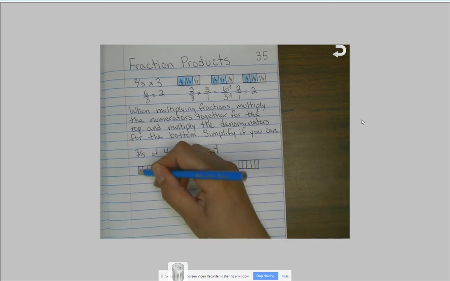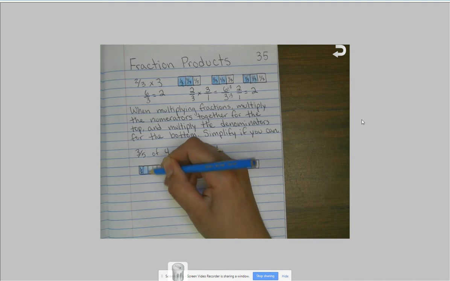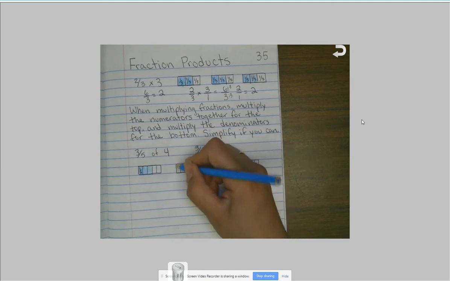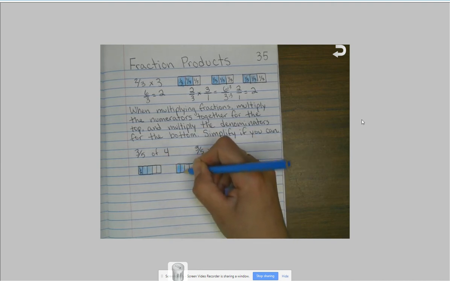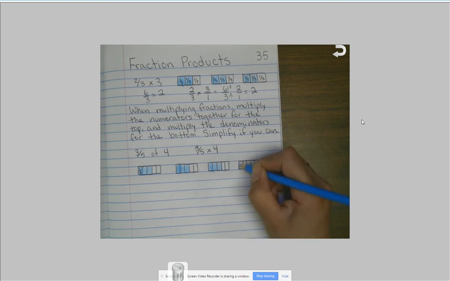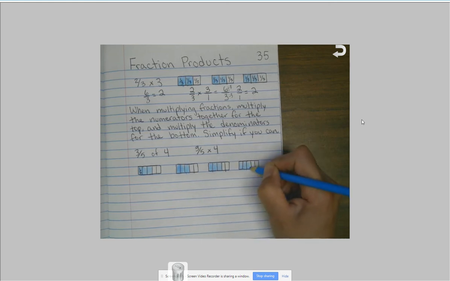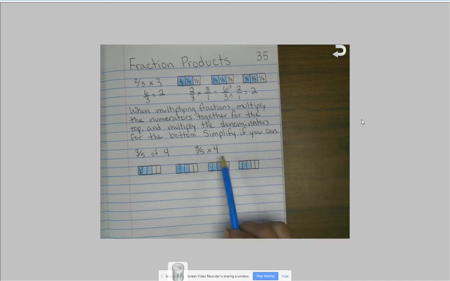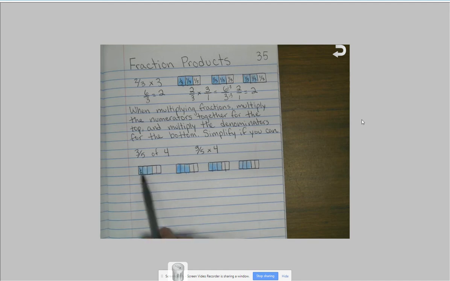So I'm going to shade 3 of those pieces here, 3 of those pieces here, 3 of them here, and 3 of them here. Okay, now I have 4 groups of 3/5. So how many 5th size pieces do I have? I have 3, 6, 9, 12. So I have 12 pieces.